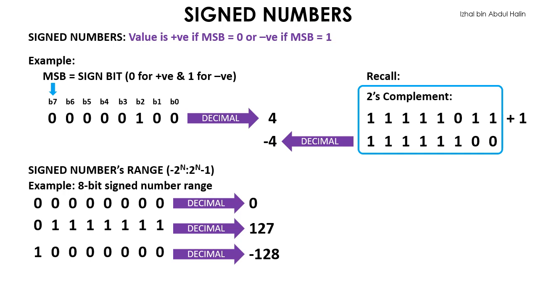Finally, when all 8 bits are 1, the decimal equivalent is -1. Thus, the range of values that an 8-bit signed number can represent is from -128 to 127. This result confirms the signed number range equation stated here. Take note that any other number, outside of this range, cannot be represented by an 8-bit signed number.